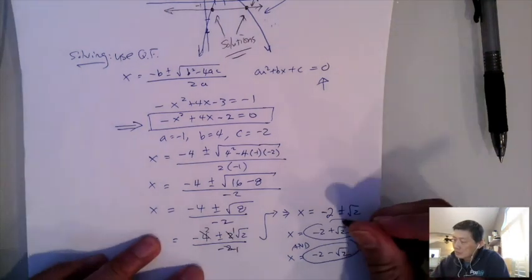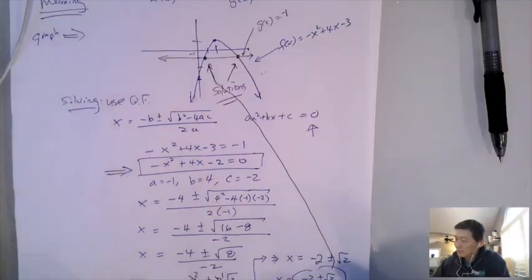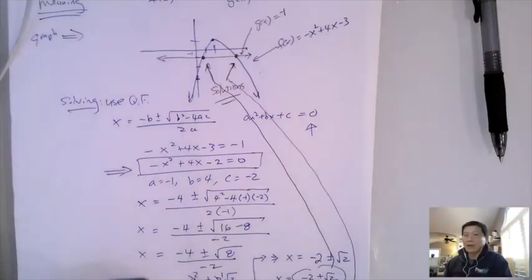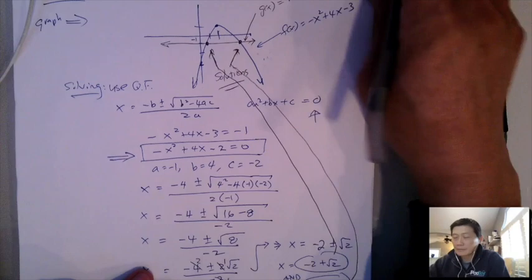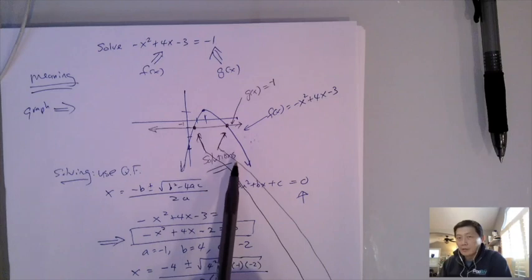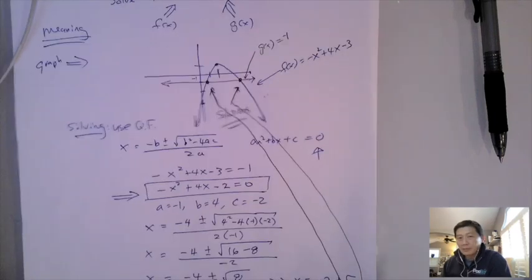Well, this one points back to this point, and this one points back to that point. Do you see? That's how the solution is related back to the function. That's how you put everything together.